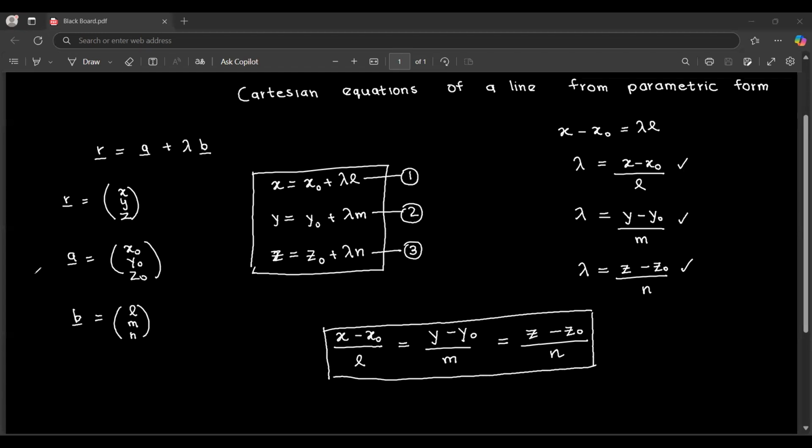Well, so we have three forms: vector form, parametric form, and finally we learned about the Cartesian equations.